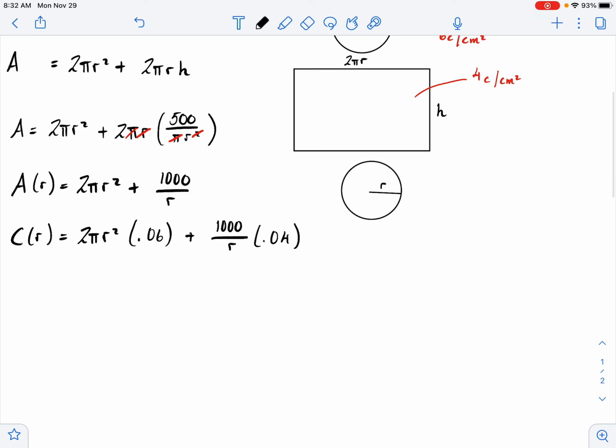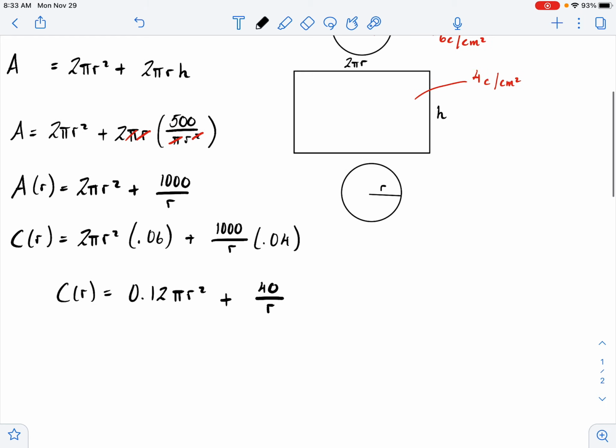And I have, therefore, that the cost as a function of r is 2 times 6 cents, so that's 12 cents, so that is 0.12 pi r squared, plus 1,000 times 0.04 is 40, and so that's 40 over r. And that is what we are asked to do: express the total cost C of the material as a function of the radius r of the cylinder, and there you have it.